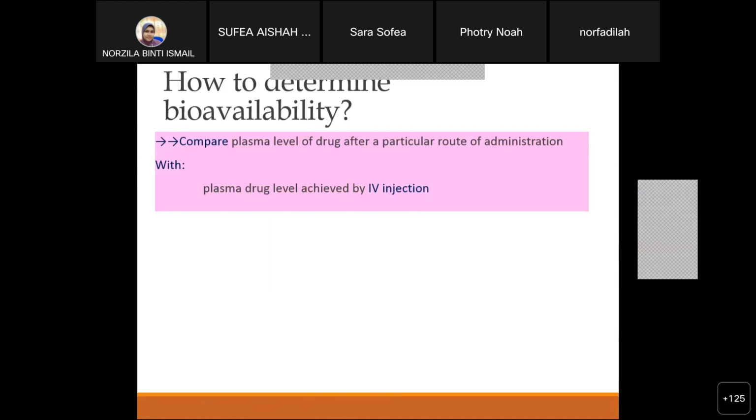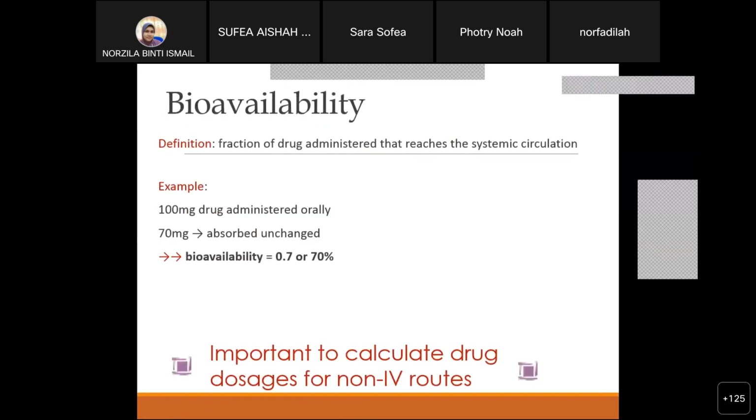For example, if you are given a bioavailability value, for example 70%, and we give you the amount of drug absorbed unchanged, you can calculate the initial drug that has been administered orally.